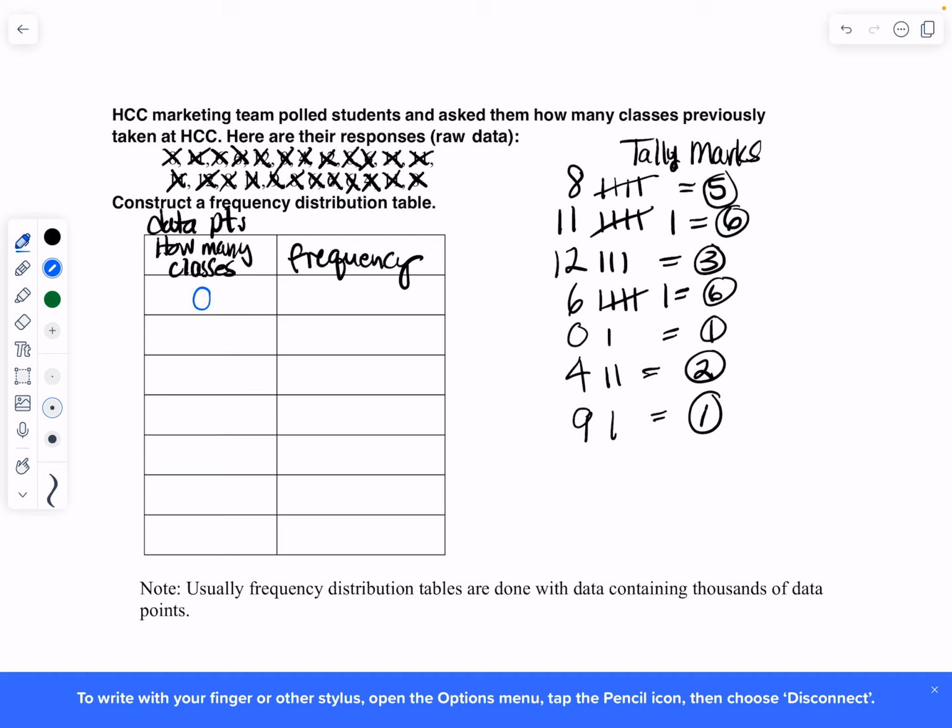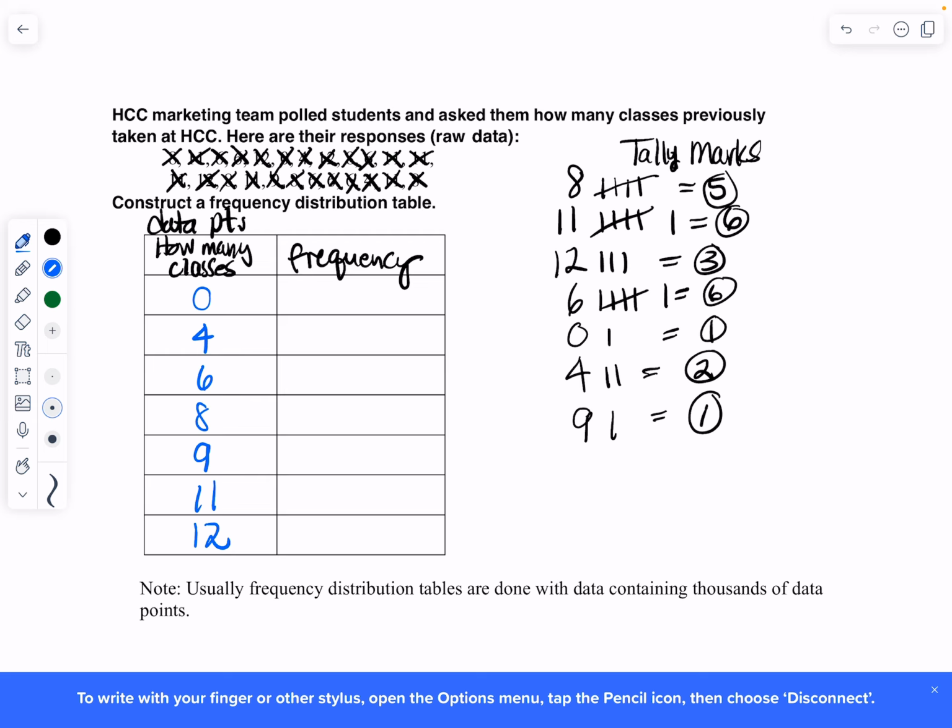And then I'm going to put 4 next. Then I'm going to put 6, then 8, then 9, then 11, and then 12. So I have 1, 2, 3, 4, 5, 6, 7 different number of classes. Okay, now I'm just going to write down what I found with the tally marks.